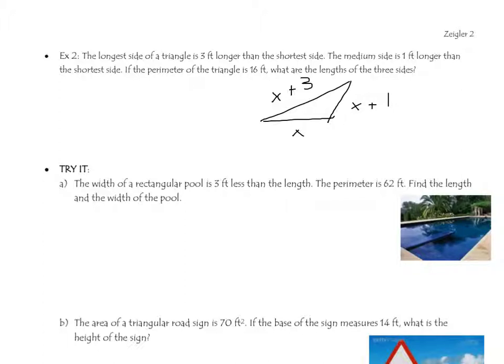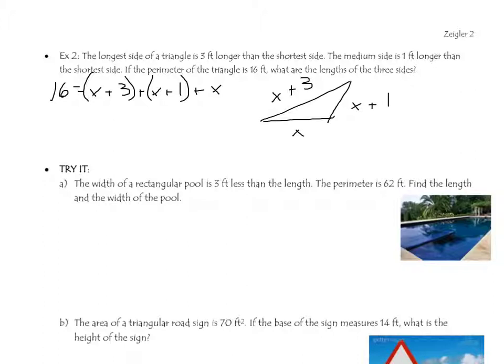So the perimeter of the triangle is 16 feet, and we know that the perimeter is the distance around. So we know that if we add the sides together, x plus 3 plus x plus 1 plus x, and I'll put parentheses here to represent the sides, although we don't need them to solve the equation, then this gives us the equation we need in order to solve for x.